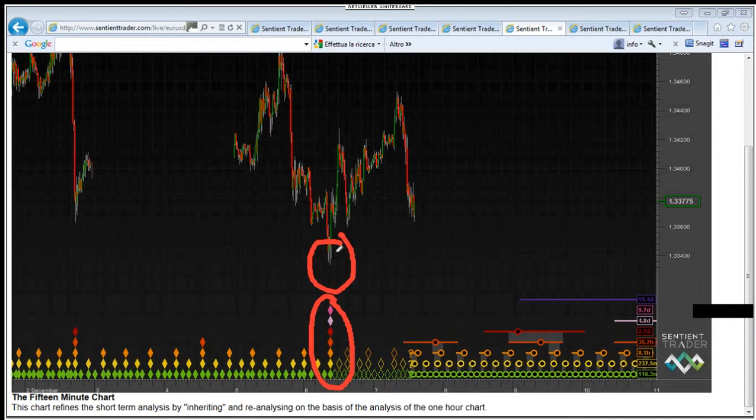You can see exactly which bar it occurred, which hour it occurred in, or which 15-minute bar it occurred in, and so what's happened to the market since then? Well, of course, the market has bounced up and is now coming down into this circle and whisker formation over here, what we call a nest of lows, which you can see here is marked as the 36.2 hour cycle.